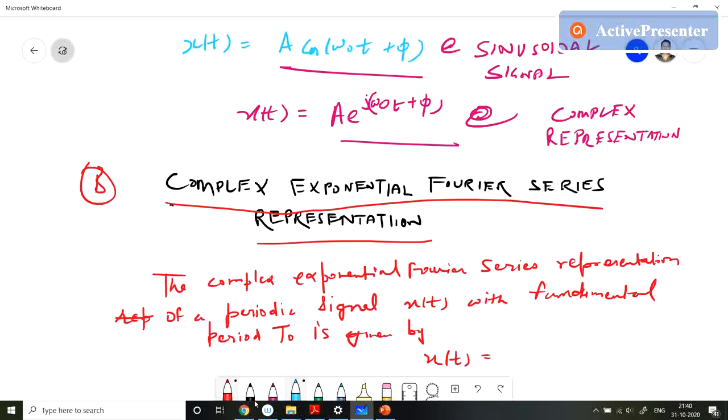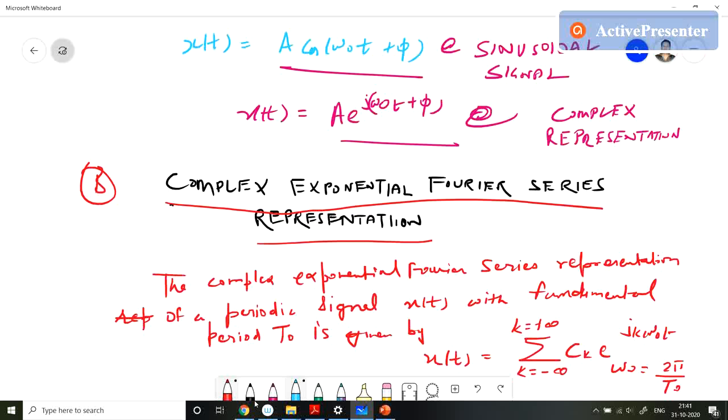x(t) = summation k = minus infinity to plus infinity c_k e raised to the power j k omega naught t, where omega naught = 2 pi divided by T naught.